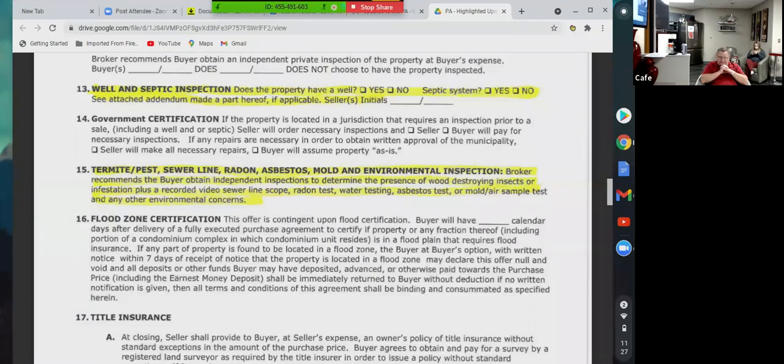Broker recommends that the buyer obtain independent inspection to determine the presence of wood destroying insects or infestation, plus a recorded video sewer line scope, radon test, water testing, asbestos test or mold air sample test, and any other environmental concerns. Does that mean you have to have all these tests done on a property? Nope. It's just saying you have the opportunity for these.